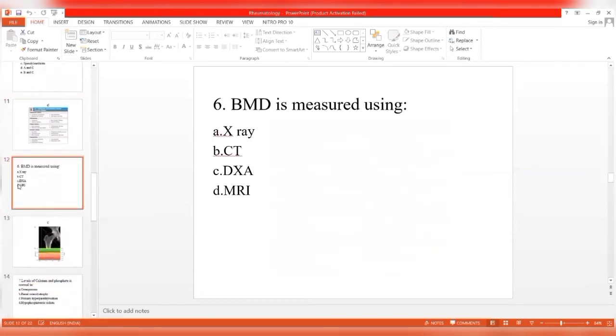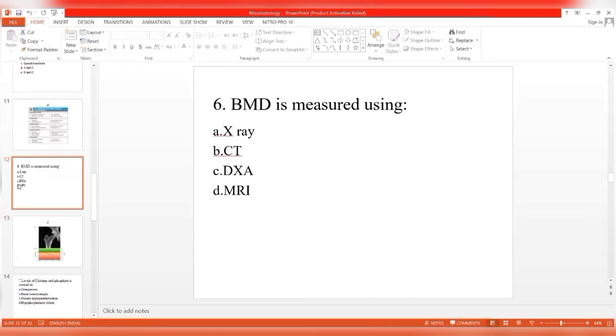Next, BMD. What is BMD? Bone mineral density. Bone mineral density is measured using A, X-ray; B, CT, computed tomography; C, DXA, dual X-ray absorptiometry. In KVK and other textbooks, it is seen as DEXA, dual energy X-ray absorptiometry, but in Davidson, it is given as DXA.